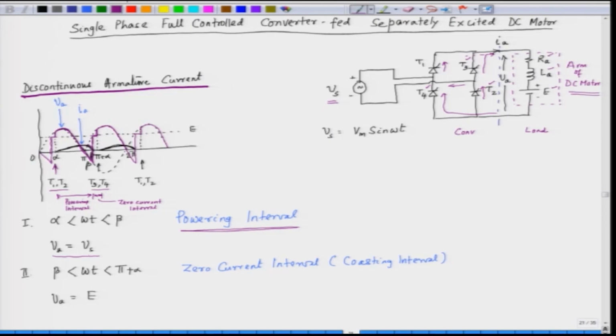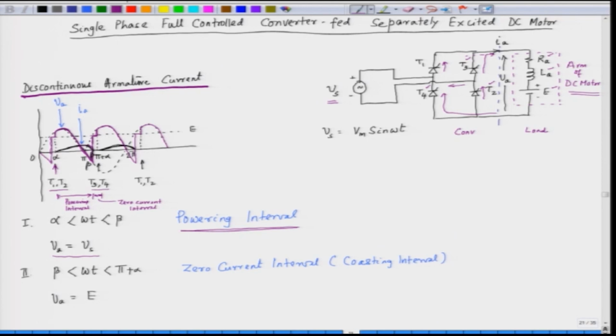The current starts from 0 and builds up, and even after omega t equal to pi it still conducts, but the current decreases because the supply voltage is negative. The current becomes 0 at omega t equal to beta.